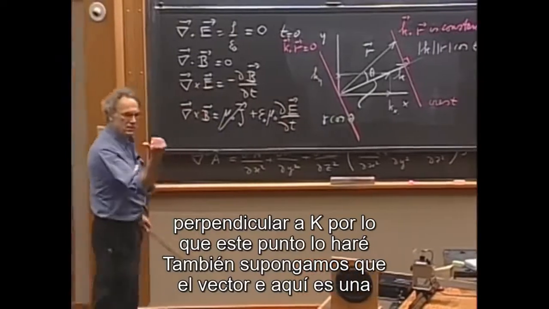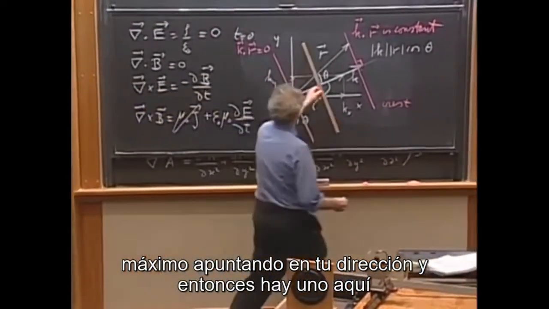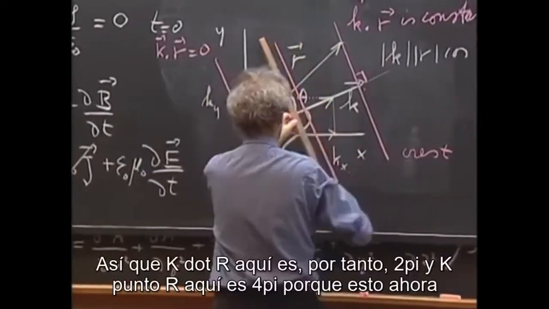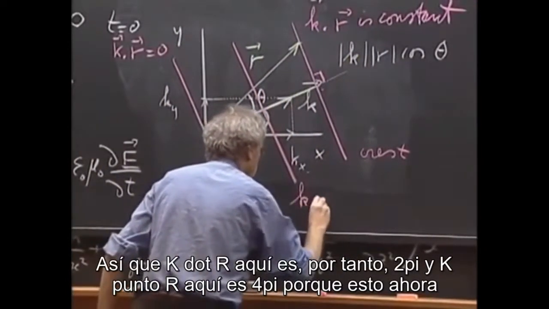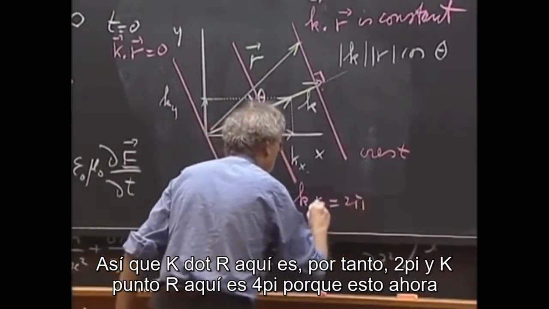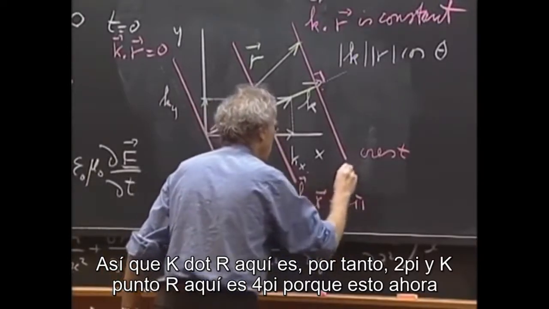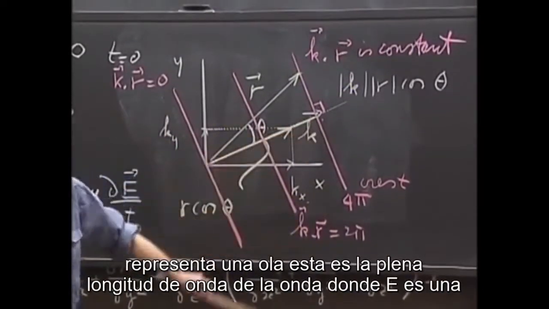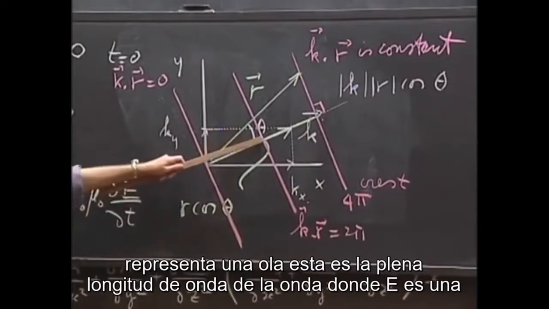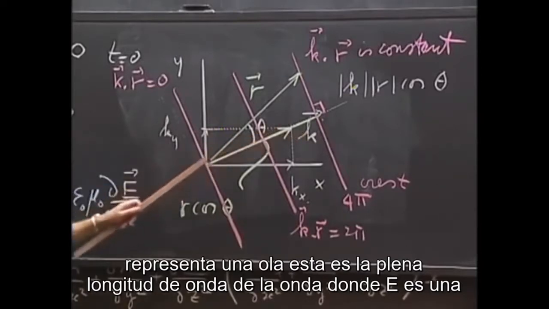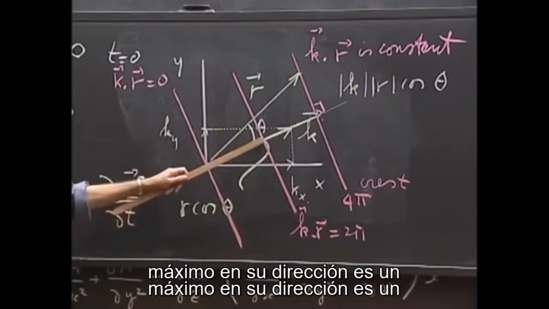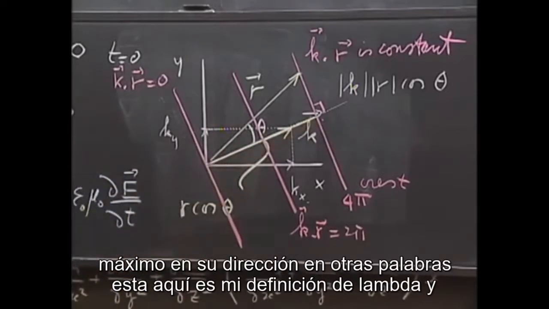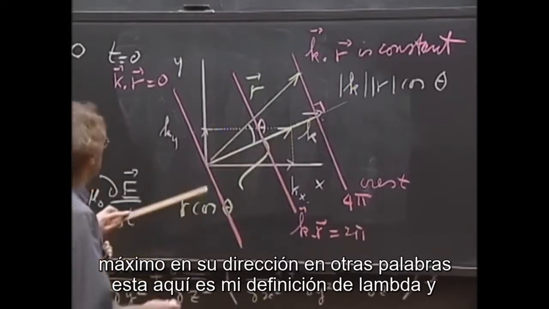So this point. I will also assume that the E vector here is a maximum pointing in your direction, and then there is one here. So k dot r here is therefore 2 pi, and k dot r here is 4 pi. Because this now represents a wave. This is the full wavelength of the wave where E is a maximum in your direction, E is a maximum in your direction, E is a maximum in your direction.